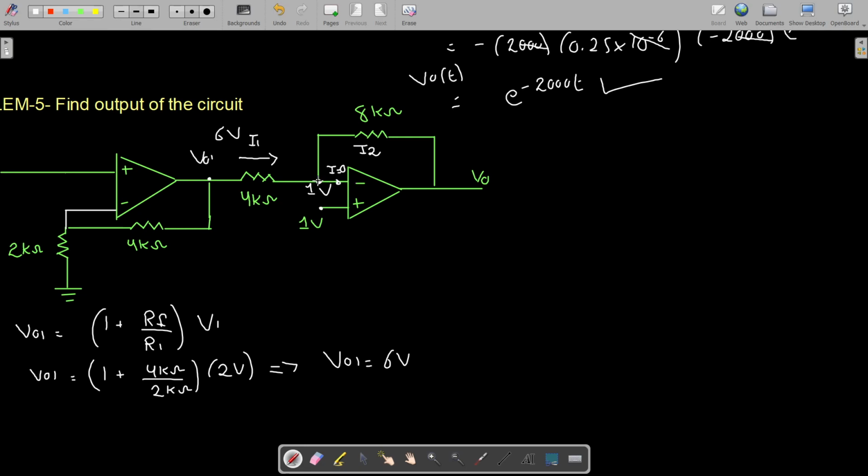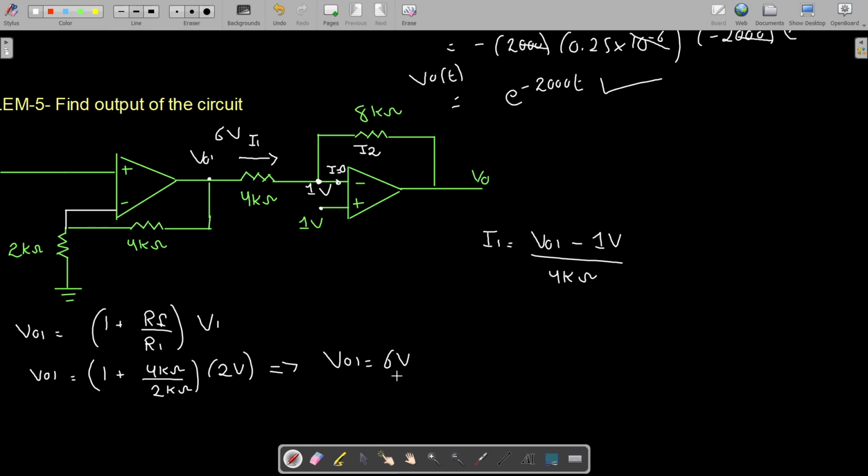Why? Because the current flowing into the op-amp is 0. So we are going to apply KCL at this node, at this 1 volt, and we are going to say that I1 is equal to I2. Why? Because no current flows into the op-amp. We have used the concept of virtual short to know that this node is your 1 volt. So now what is I1? I1 is your VO1 minus this node, which is 1 volt, divided by 4 kilo.